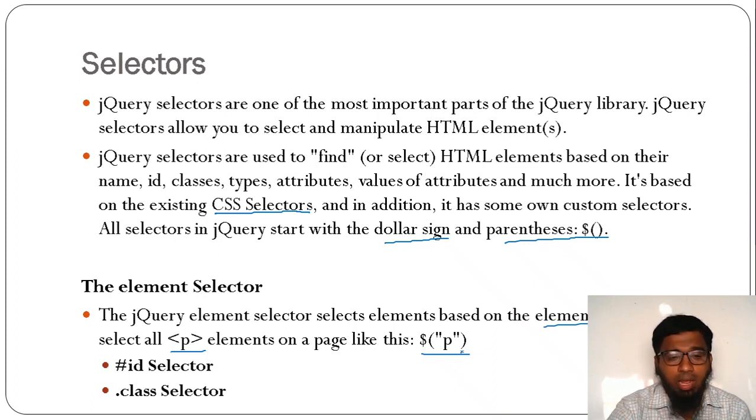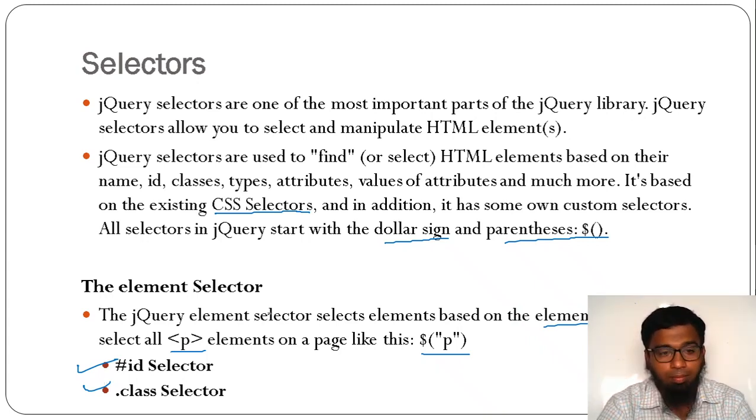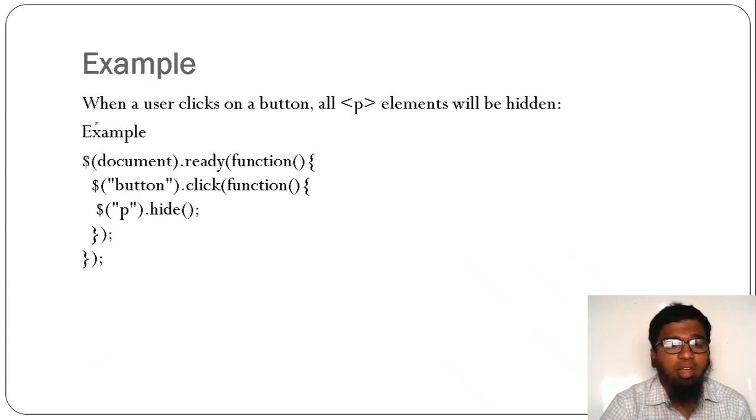Or you can use the ID selector, or the class selector. So let's see the example, where when a user clicks on a button, all P elements will be hidden.